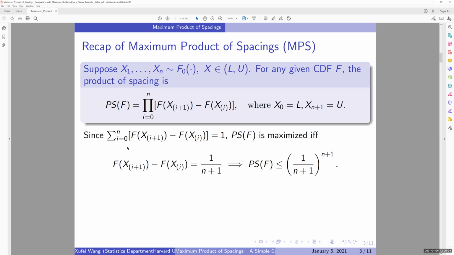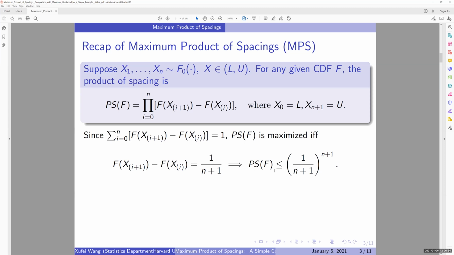And because we know that the summation of the spacings equals 1, the product of spacings is naturally maximized if and only if each of the spacings is equally distanced. So each spacing is 1 over n+1, and the product of spacings is upper bounded by 1 over n+1 to the power of n+1.